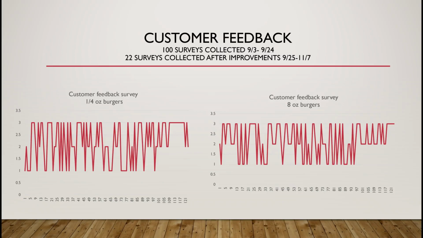You'll notice towards the end of the surveys, they become more consistent with the survey values of 2 and 3, as opposed to the first portion of the surveys, for both the quarter-pound burgers on the left and the 8-ounce burgers on the right, where they're kind of all over the place. So there's 1s and 2s and 3s all over the place. But towards the end of it, it starts to get really consistent.